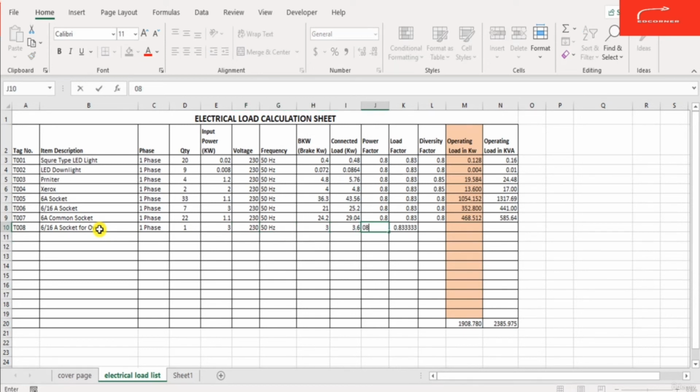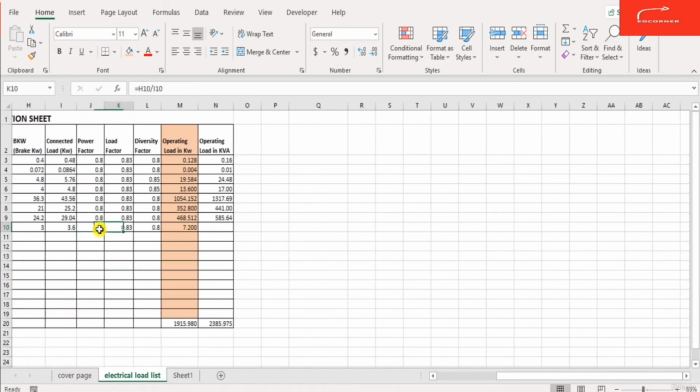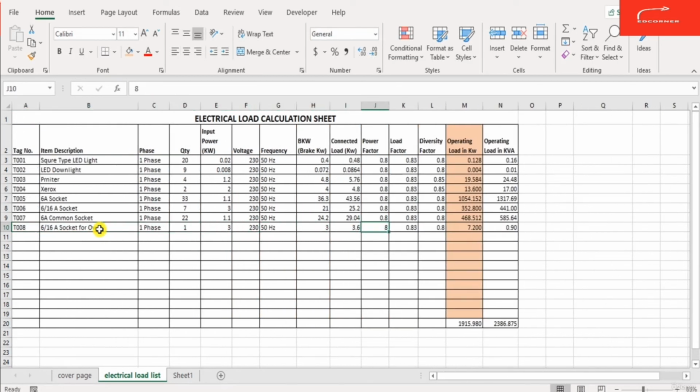So directly here is the 0.8 power factor, diversity factor 0.8, operating load, and operating kilovolt ampere. So this is the total power required, 7.2 kilovolt for a single oven. Means for a single oven we are giving 7.2 kilovolt ampere power.